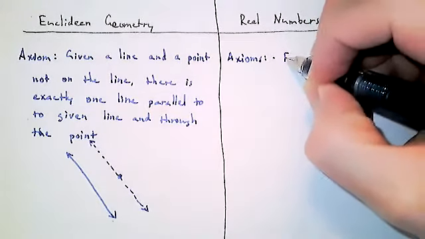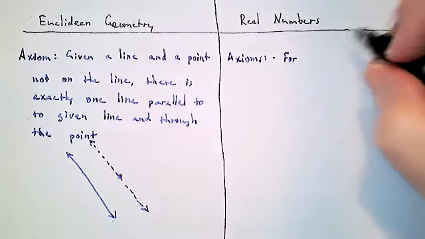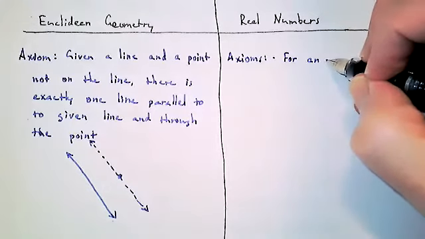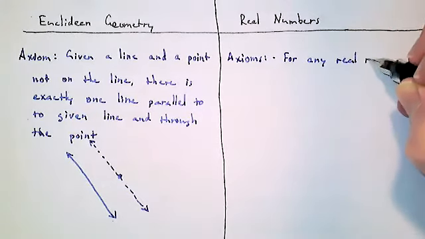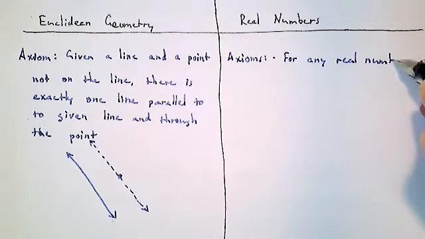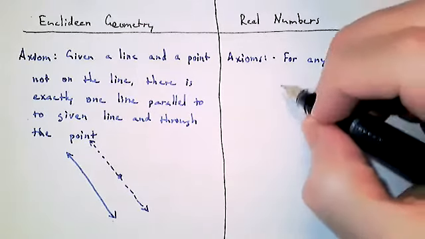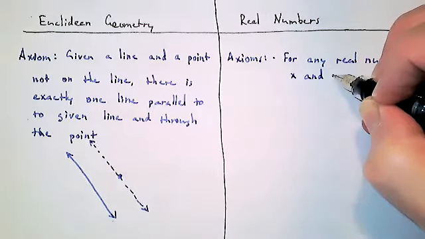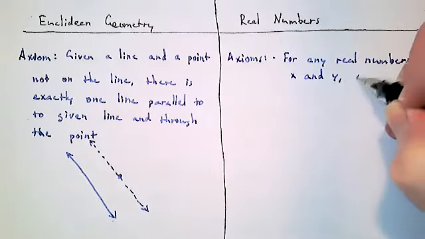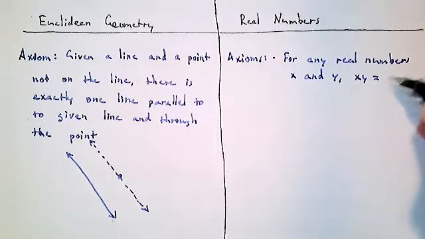And here's what it says in precise words. For any real numbers x and y, x times y equals y times x.